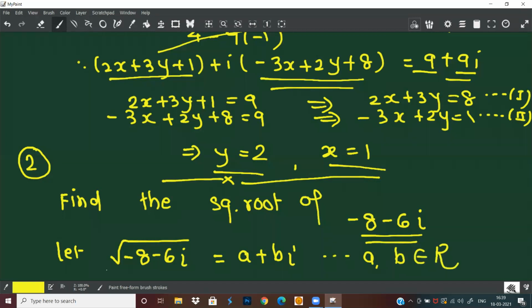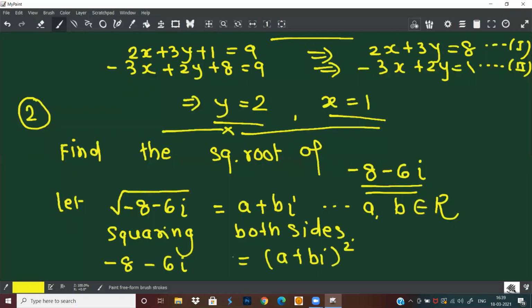We have to get the square root, which we are assuming as a plus bi, or x plus iy. So in short, we have to get the values of a and b. To get rid of the square root, squaring both sides. So the square root is gone. (a plus bi) the whole squared.